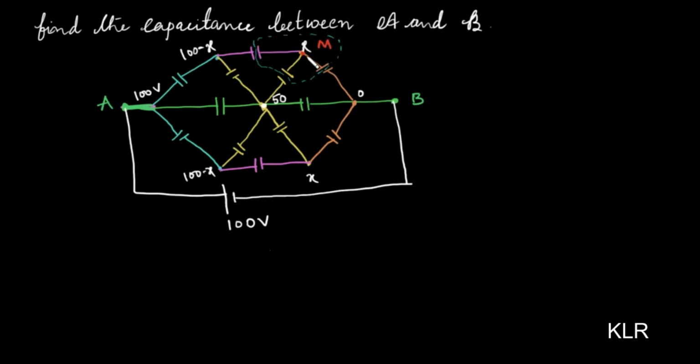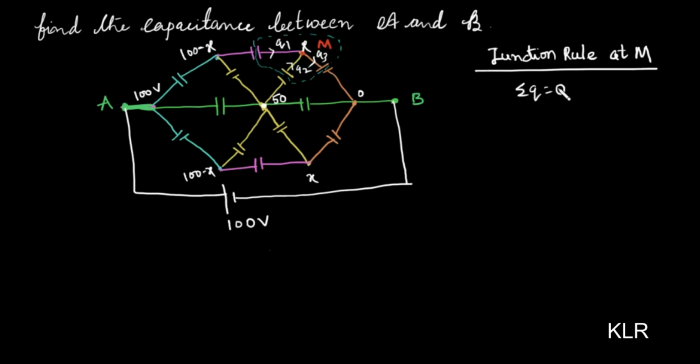So at this junction I'll apply the junction rule at M. Let us take the charges here as Q1, Q2, and Q3. Now we know that sigma Q is equal to 0, Q1 plus Q2 plus Q3 is equal to 0.